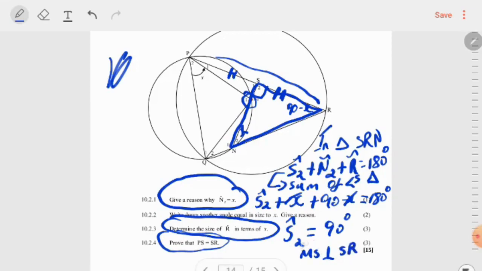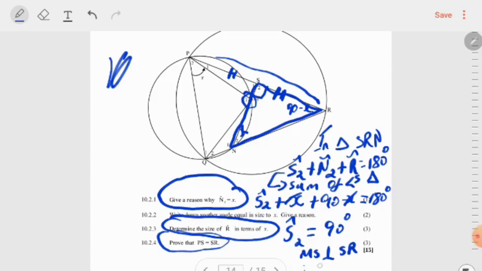So we have a line MS which is from the center of the circle M, and this line happens to be perpendicular to a chord PR. So the theorem then states that if that's the case, then this line MS bisects PR. That means it cuts it into two equal parts.